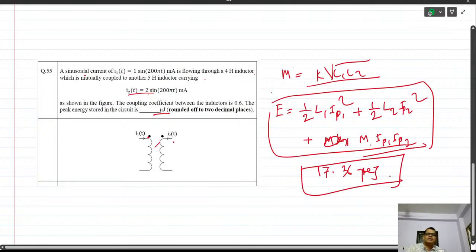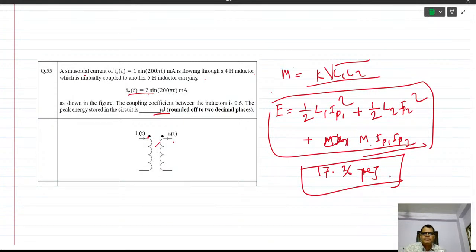These are straightforward formula-based questions, and this again appeared in the instrumentation branch. So we find that for the instrumentation branch it is very important, your coupled circuit as well as your resonance circuit, because many people are appearing in the dual papers also, so that you can equip for that.